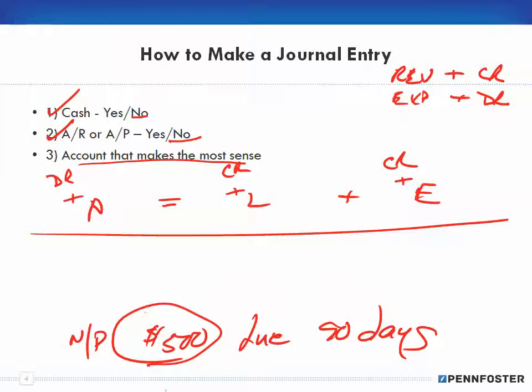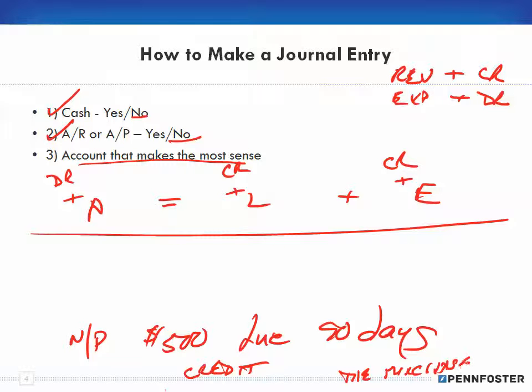Now let me change that a little bit. Let's say I go to the bank and I get a note payable for a $500 credit due in 90 days to be used against the purchase of an investment of some sort, right?